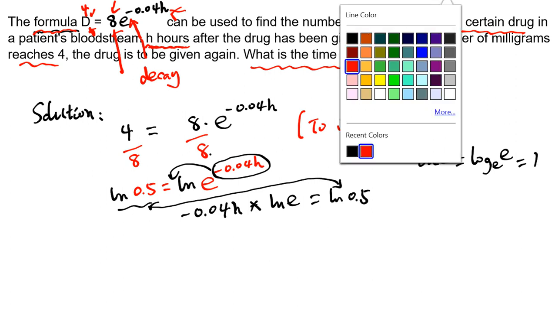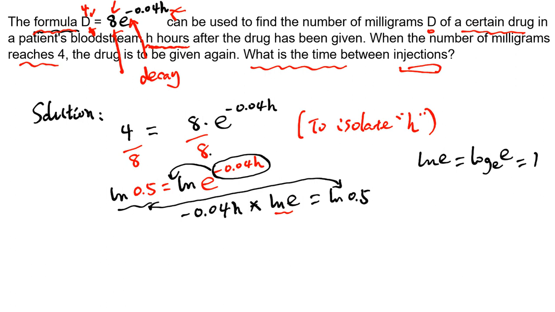So 1 times negative 0.04h is just negative 0.04h, which equals natural log 0.5.